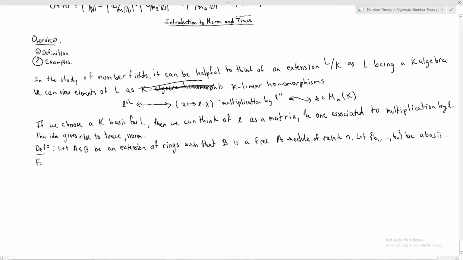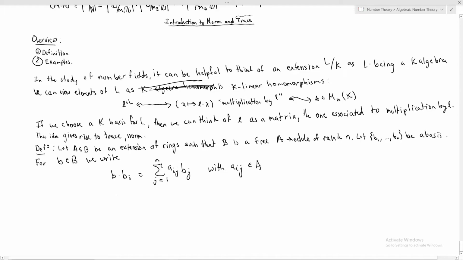And so for b in B, we write b times bi equals the sum from j equals 1 to n of aij bj, with aij in A. So what are we doing here?